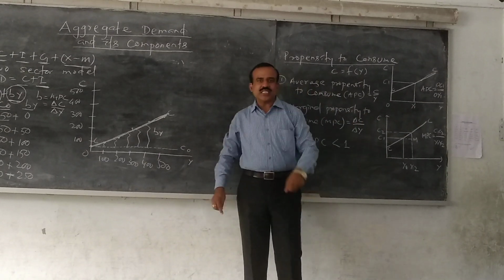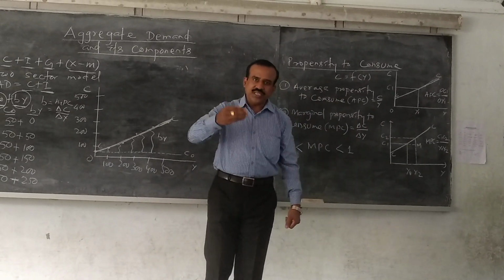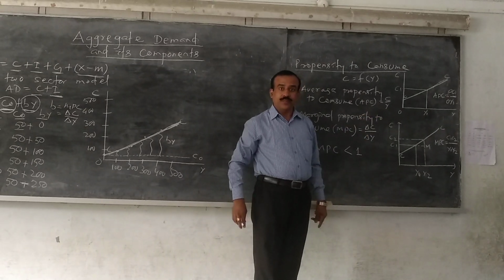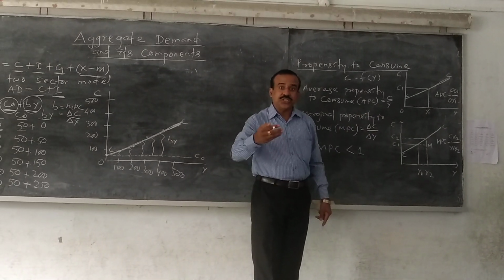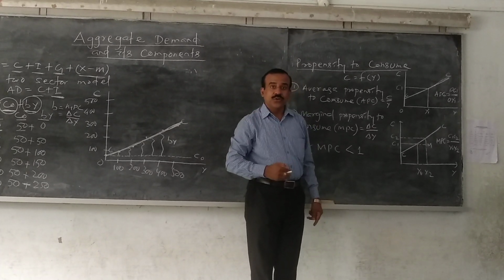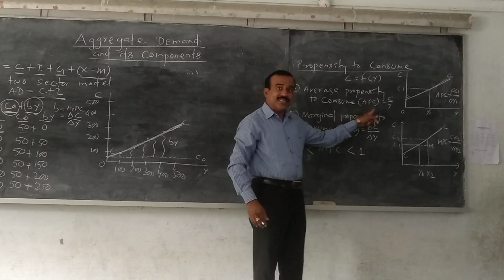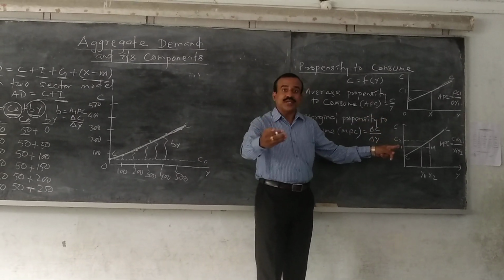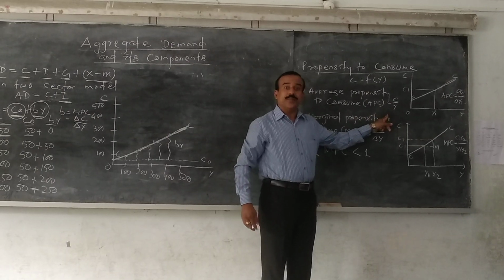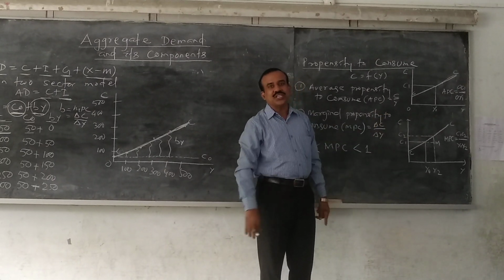According to Keynes, with the increase in income, APC decreases, because with increase in income, consumption increases at a lower rate. So the ratio between consumption and income, APC, decreases with the increase in income.